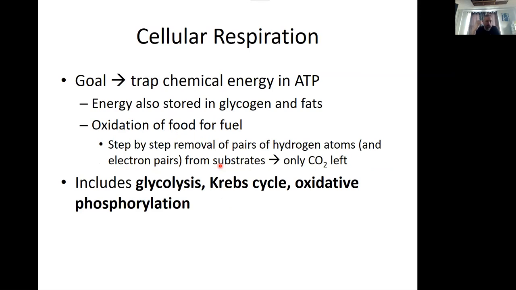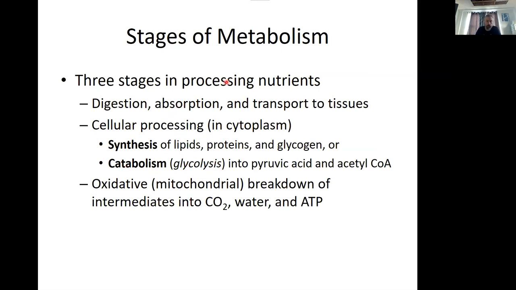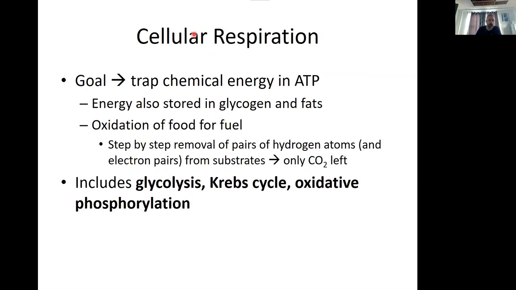One of the major processes in all of this sort of metabolic nightmare is what we call cellular respiration, the oxygen-related production of ATP from glucose.